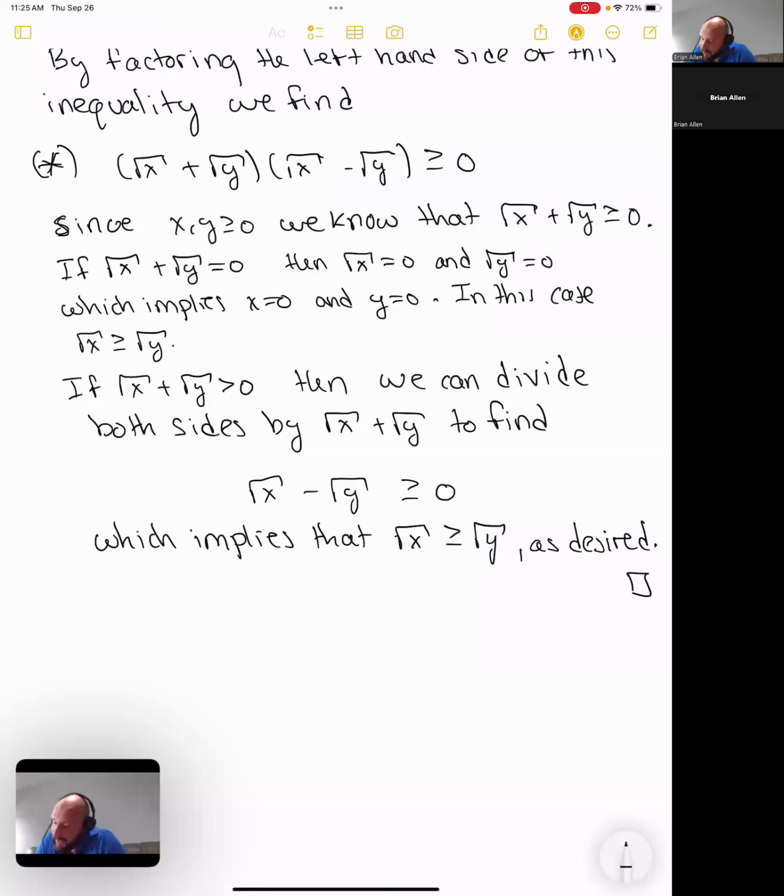And we had to consider a sort of edge case where square root of x plus square root of y is equal to 0, but we showed that in that edge case, x and y have to be 0. So it's a very, very particular case that that happens. And we got rid of that case and showed that it was clearly true in that case. And then every other case, which is where square root of x plus square root of y is strictly positive, then we can divide both sides.